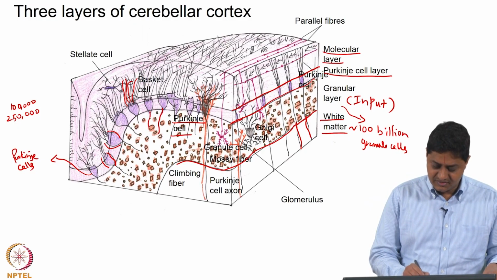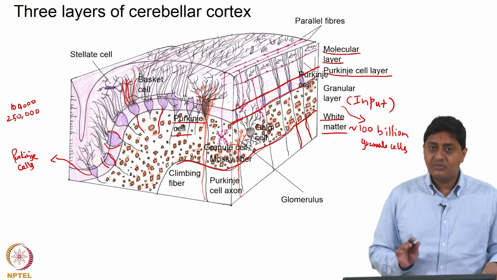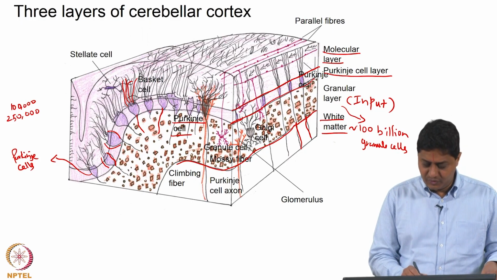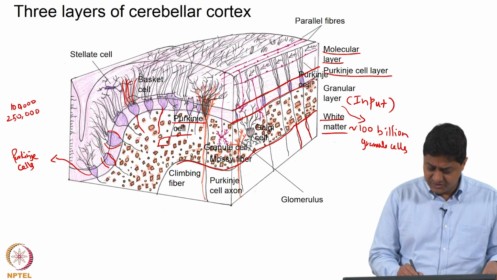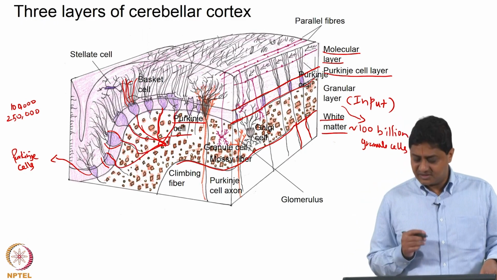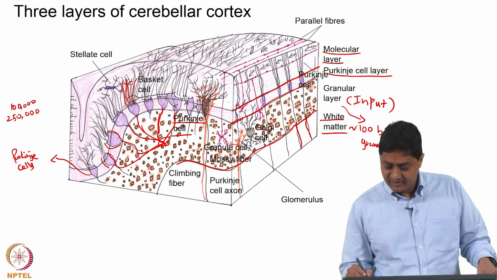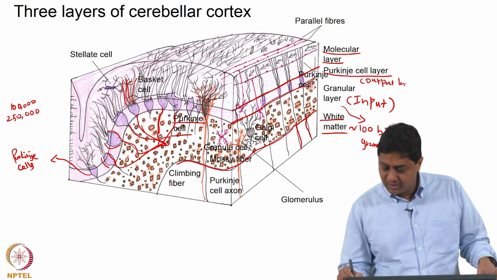The axons of these Purkinje cells project onto nuclei embedded within the cerebellar cortex. These nuclei are called the deep cerebellar nuclei. These are the major output structure of the cerebellum, so the Purkinje cell layer can in some sense be considered an output layer.